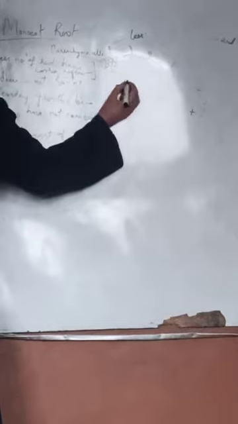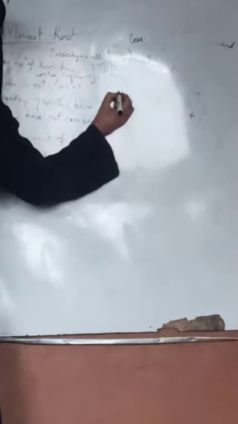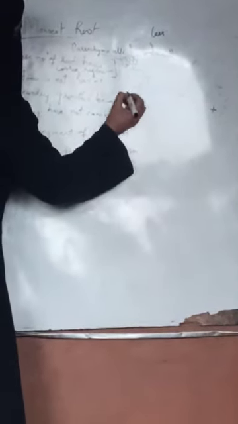Now the third feature is that there are also vascular bundles. The vascular bundles can be 6 or more: 1, 2, 3, 4, 5, 6, let us keep 7.